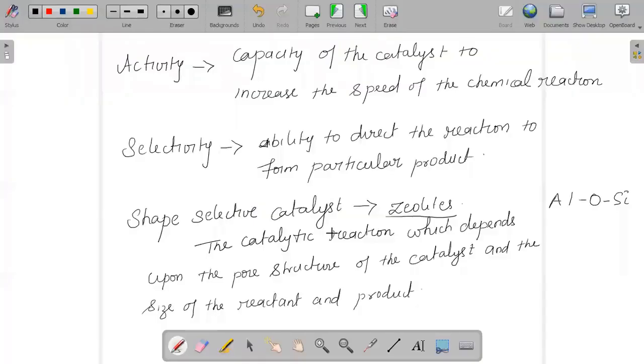The size and shape of the reactant and product molecules will depend upon the type of catalyst we have selected for any reaction to take place. Zeolites are widely used as catalysts in the petrochemical industry for cracking of hydrocarbons and isomerization. So zeolite is an important catalyst being used for an important purpose.